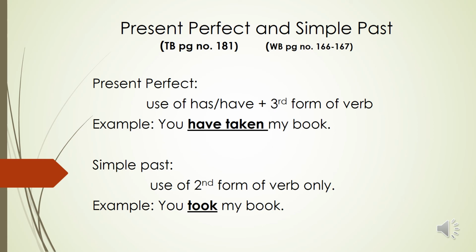So there is a difference between present perfect tense and simple past. Present perfect tense means something happened in the past but it is continuing in the present. That's why it is known as present perfect. Simple past means something happened in the past. It is gone now.